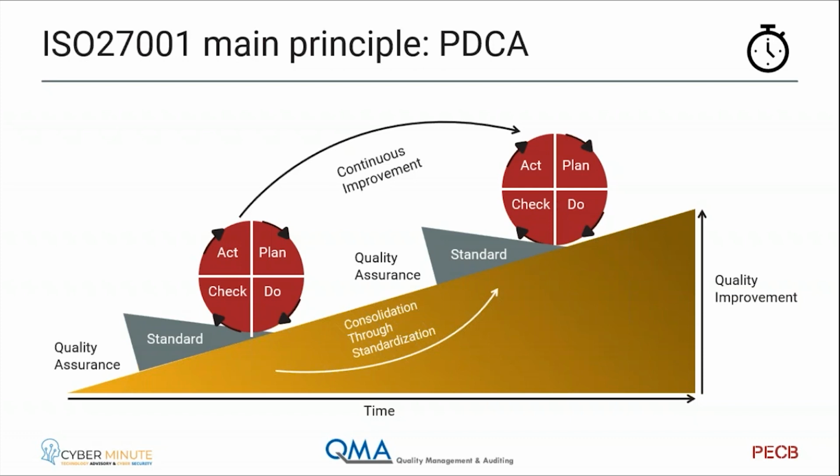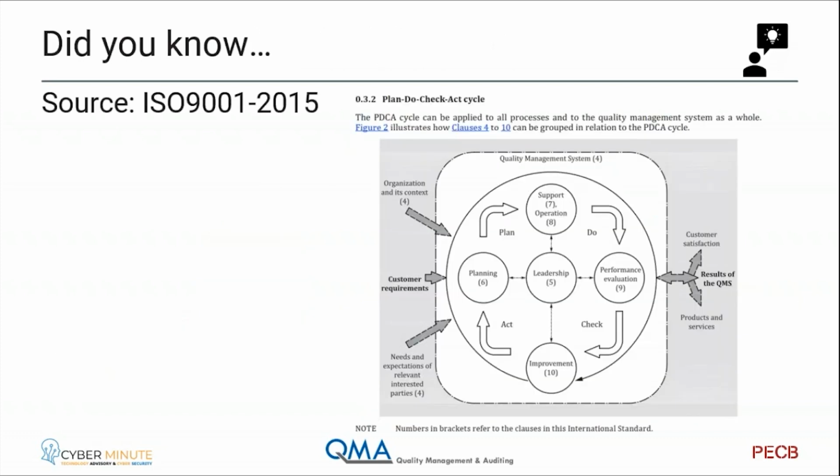Quick reminder here, I don't know if you have seen the ISO 9000, but the PDCA system is not unique to the ISO 27000. It's built into the ISO 9000, the current version being the 2015 version. The PDCA cycle is nicely explained there, along with the integration in the processes and the quality management, which is the ISO 9000, and the purpose of this Plan, Do, Check, Act cycle, which you will see coming back.